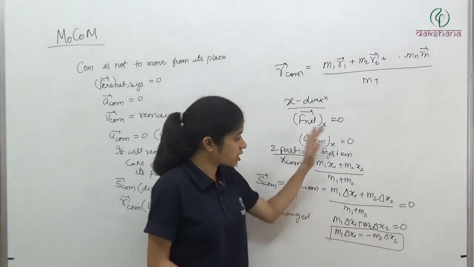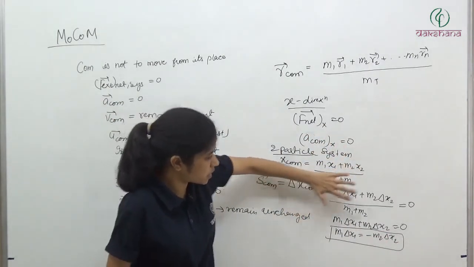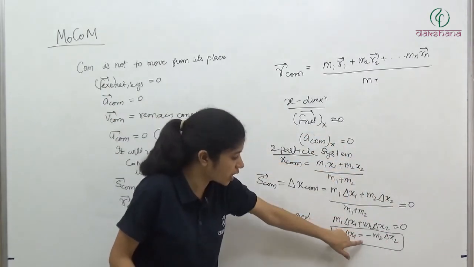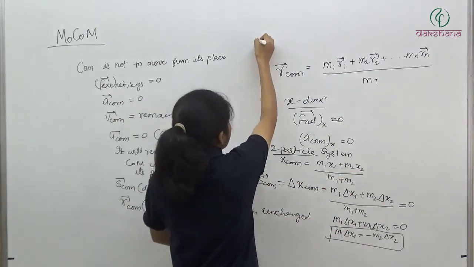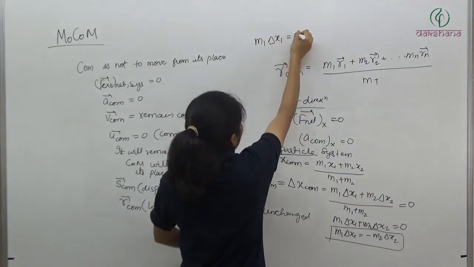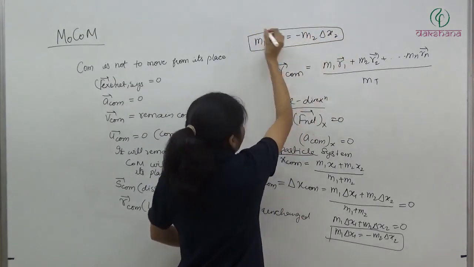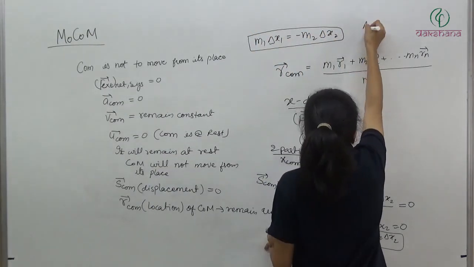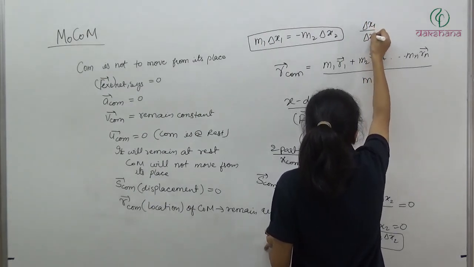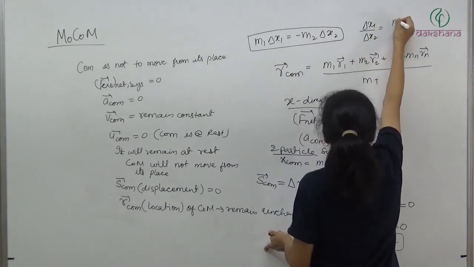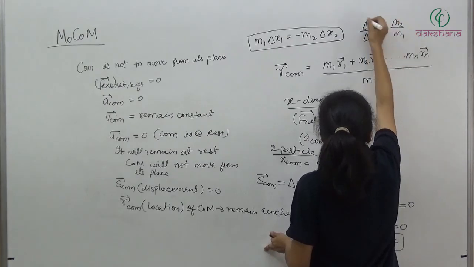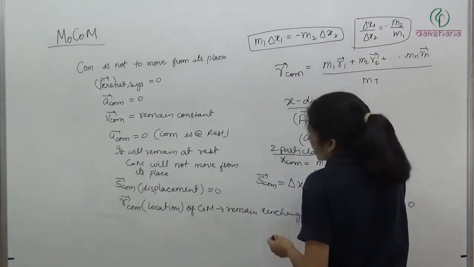So if center of mass is not moving from its place, मतलब this is equal to 0, and from there we are getting this equation. So the equation is m1 delta x1 is equal to minus m2 delta x2. ठीक है? यहाँ से आप और एक चीज क्या देख सकते हो कि delta x1 by delta x2 is equal to m2 by m1 with a minus, where minus is just showing the direction.